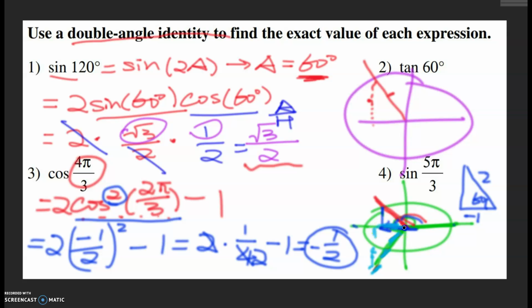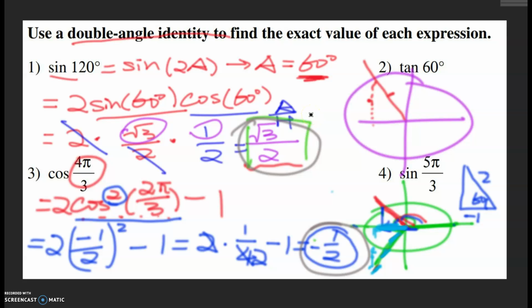Adjacent is a negative number because it's on the left of the origin, so it's a negative number over a positive number, which makes a negative number. So here's your answer. That's how we use the double angle formula to find the answers. Here's the first answer, here's the second answer. Okay.